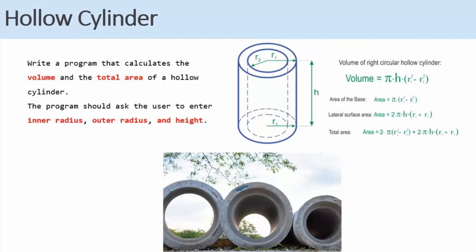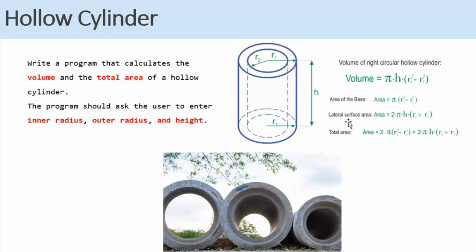Write a program that calculates the volume and total area of a hollow cylinder, right circular hollow cylinder. The program should ask the user to enter inner radius, outer radius, and height. So we have 3 inputs from the user. All are float, as you see: inner radius, outer radius, and height. Volume is clear here, and area of the base should be calculated.